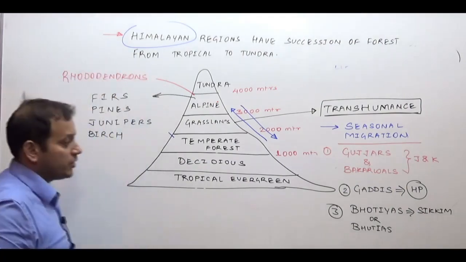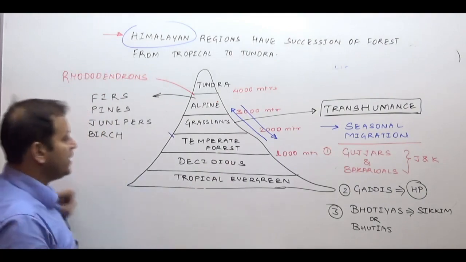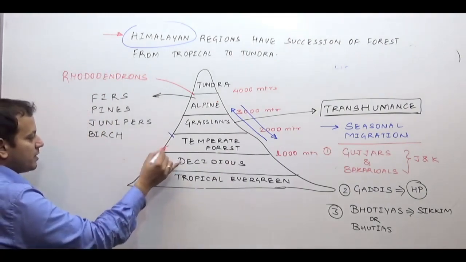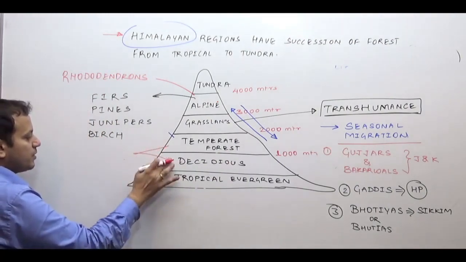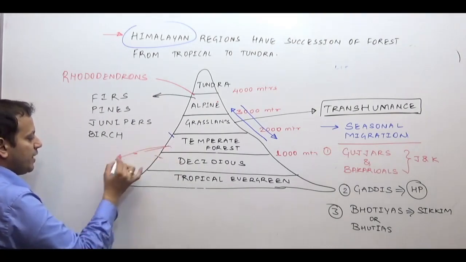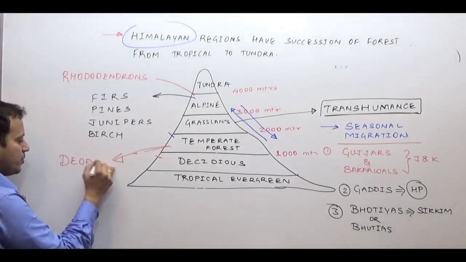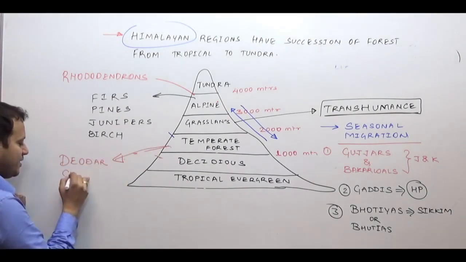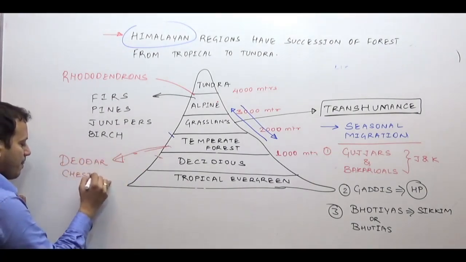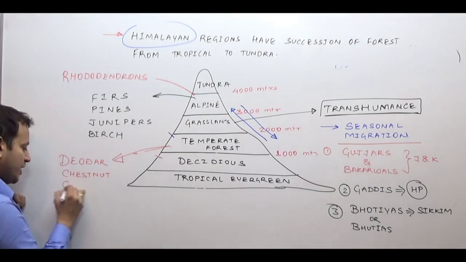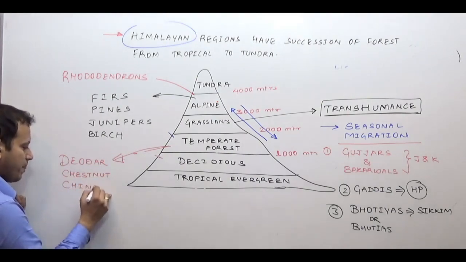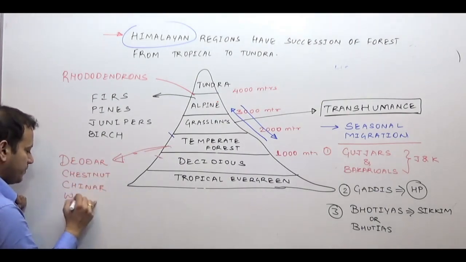In the temperate broadleaf forest here, you will find deodar, you will find chestnut, you will find chinar of Kashmir, you will find walnut.